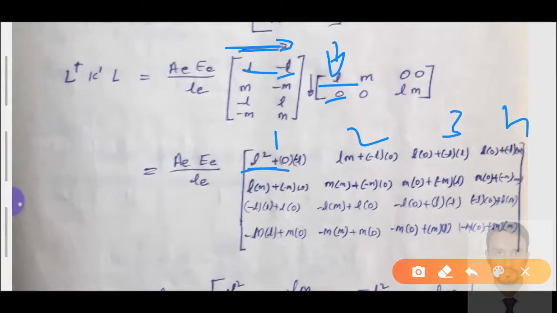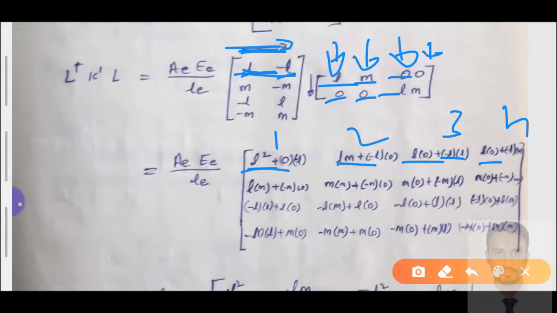Similarly first row second column: L into M plus minus L into 0. Similarly third row first column: plus L into 0 minus L into plus L. Similarly fourth column with the first row: L into 0 minus L into M plus minus L into M.